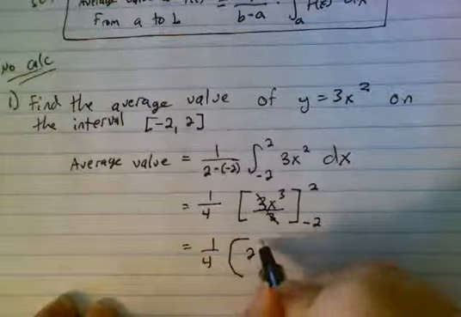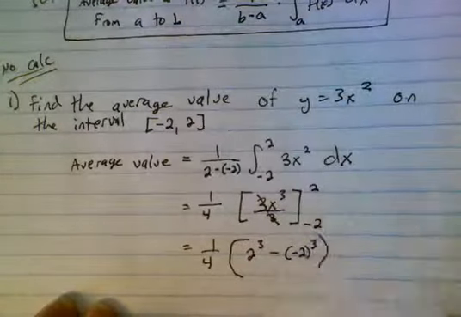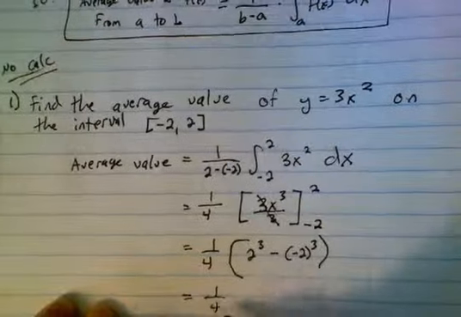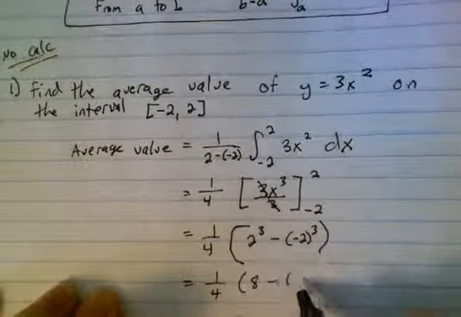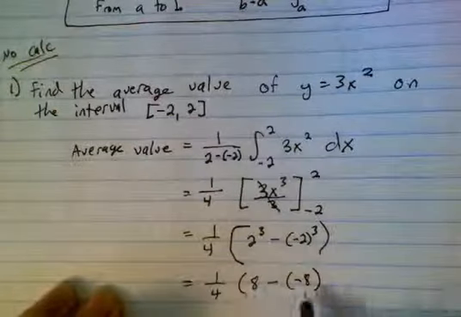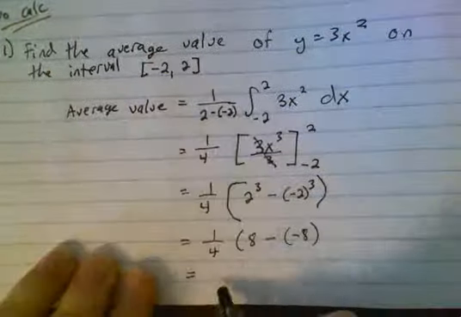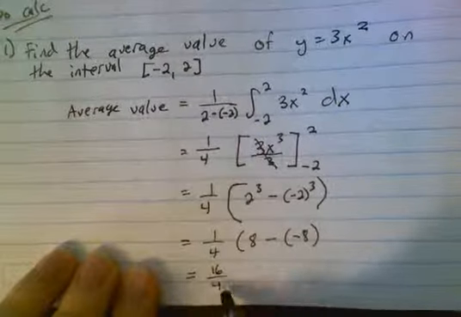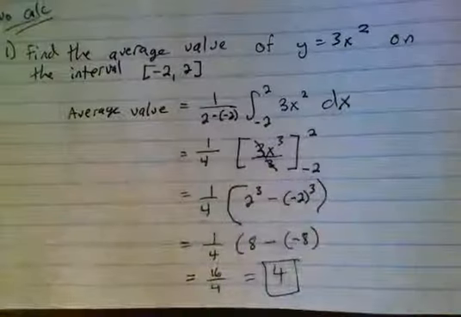So we're doing 2 cubed minus -2 cubed. 2 cubed is 8, minus -2 cubed is -8. So this is 16 divided by 4, or 4. There we go. That's all there is to it.